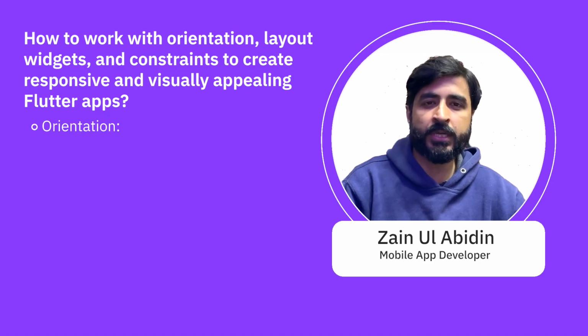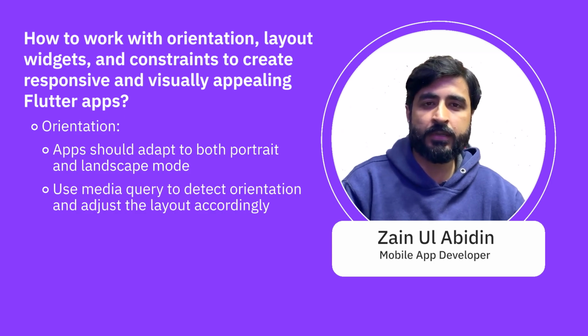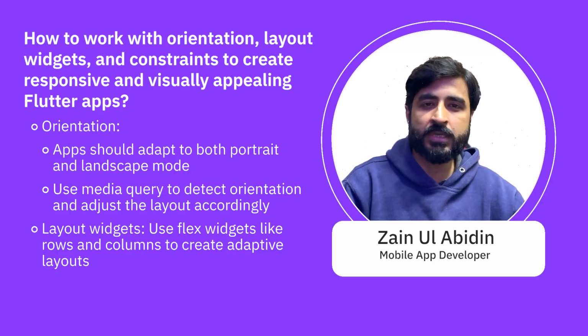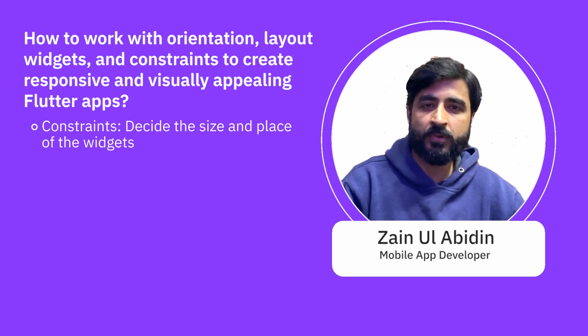For orientation, I always ensure my apps can adapt to both portrait and landscape modes by using MediaQuery to detect orientation and adjust the layout accordingly. For layout widgets, I often use flex widgets like rows and columns to create adaptive layouts that can resize and reposition based on screen size. Constraints are super important because they decide the size and place of the widgets.